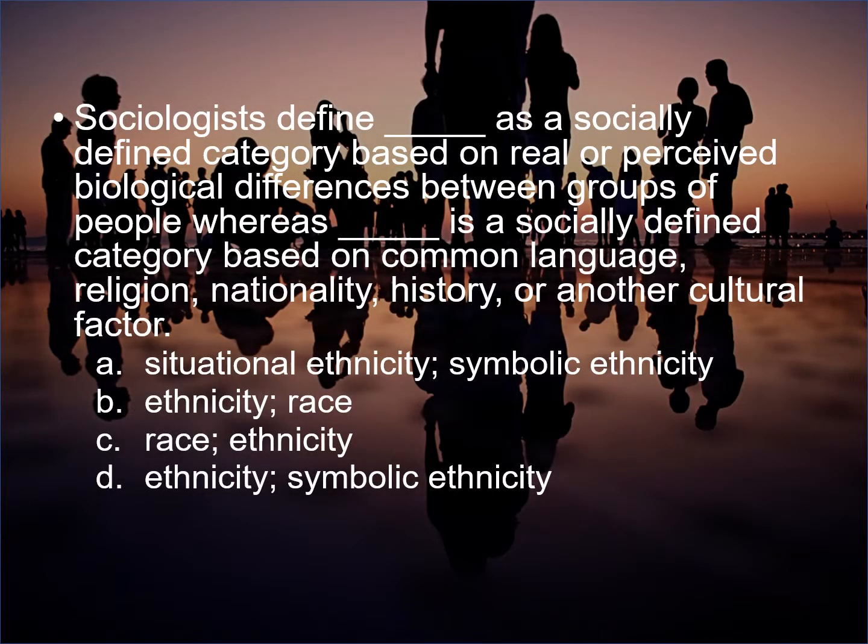Now, consider some other questions. Sociologists define blank as a socially defined category based on real or perceived biological differences between groups of people, whereas blank is a socially defined category based on common language, religion, nationality, history, or another cultural factor.